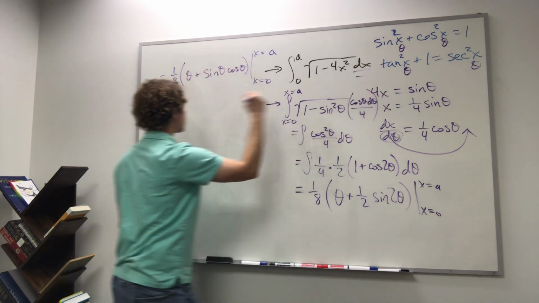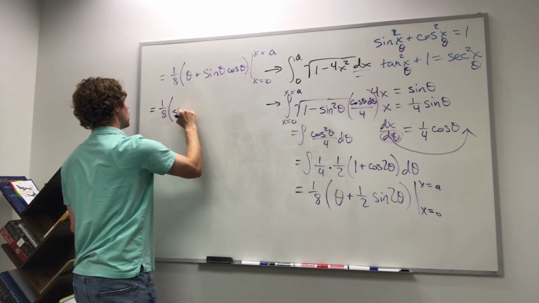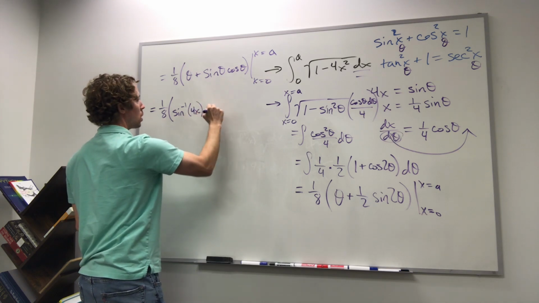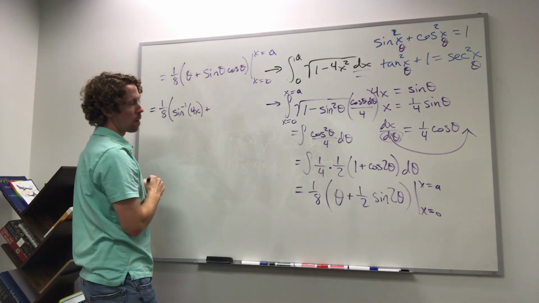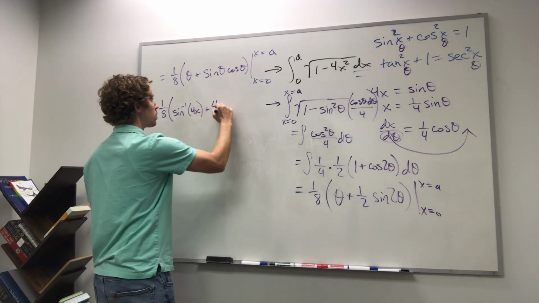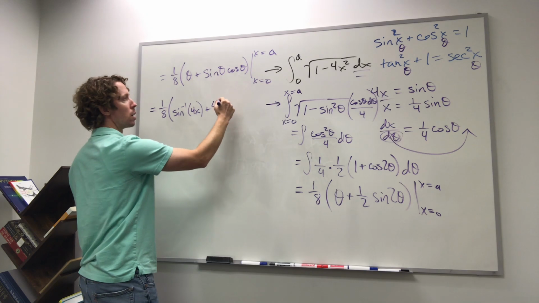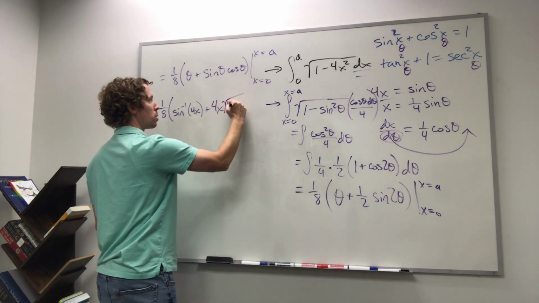Theta is arc sine of 4x. Sine theta is 4x. Cosine theta is that square root that we started out with.